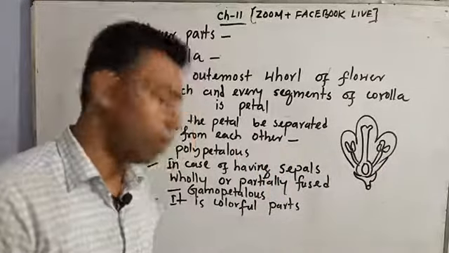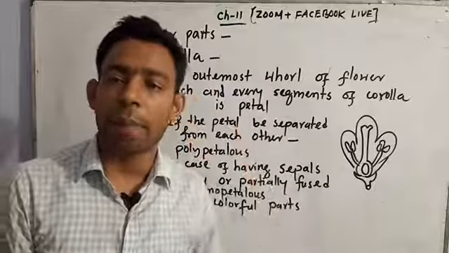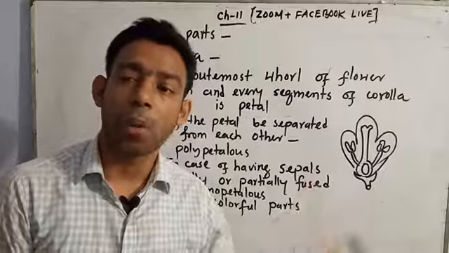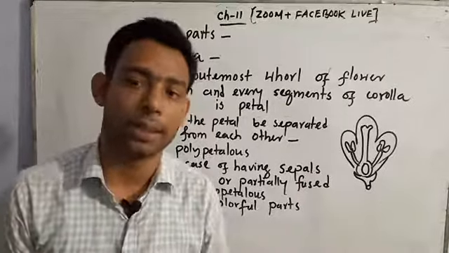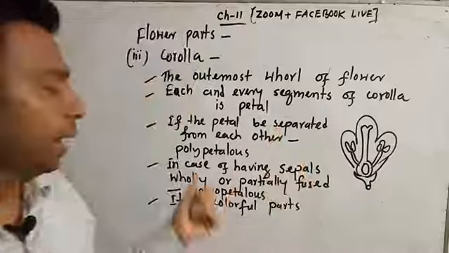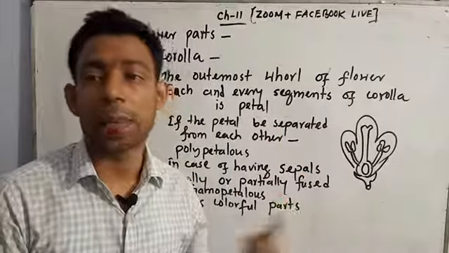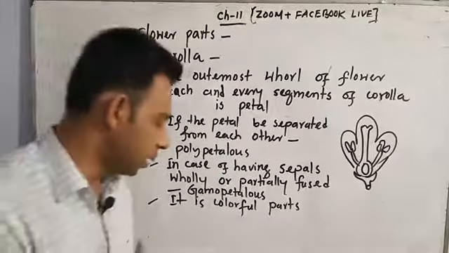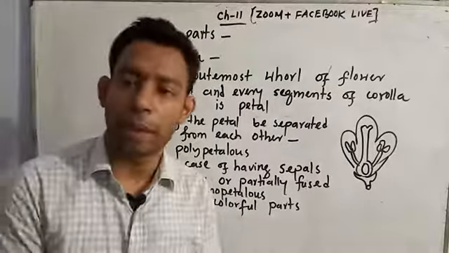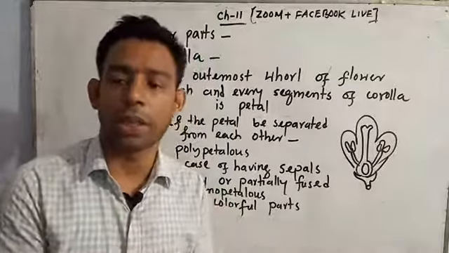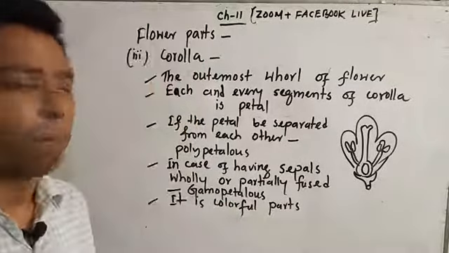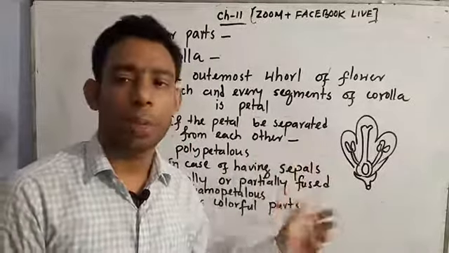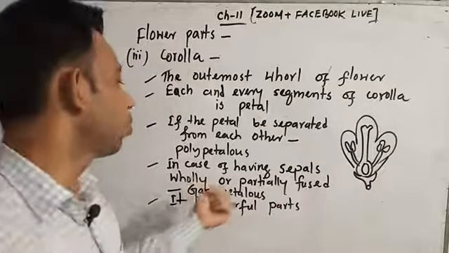We can match this with our previous lecture on the calyx, polysepalous and gamosepalous. The concepts do not match 100%, but something matches, as the calyx is separated, so don't think it is the same. Petals separated is polypetalous, and gamopetalous is in case of sepals wholly or partially fused.